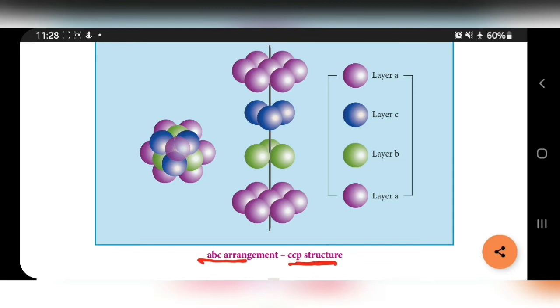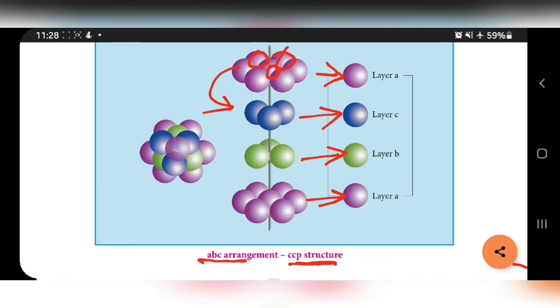This is the ABC arrangement, CCP structure. Already you know this is the A layer. If an atom is placed in the depression of the first layer, between the three atoms, you will get the second layer, and this third layer is designated as C. So this is the A layer, this is the B layer and this is the C layer.